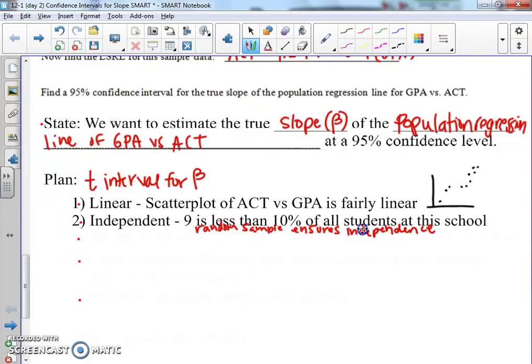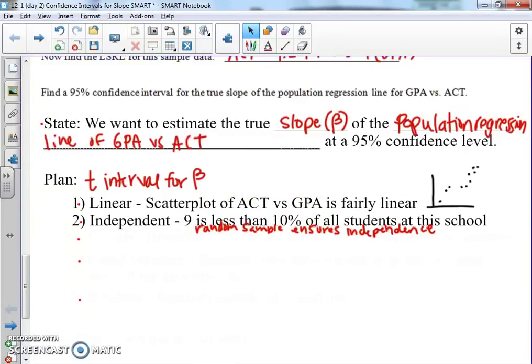Or independent samples. How did I say it the other day? Random sample ensures that individual observations are independent. So I'm okay if you just say it like that. Random sample ensures independence.